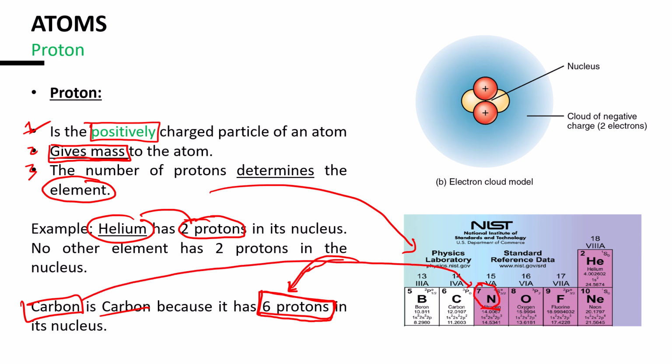Isn't that crazy? Sounds strange, right? So even though you have an atom of carbon, if you add a proton to the nucleus, the nucleus will not have 6, it will have 7, and now the atom will transform to nitrogen and will have all the nitrogen properties. If you take an atom of nitrogen and add a proton to the nucleus, that will transform to oxygen.